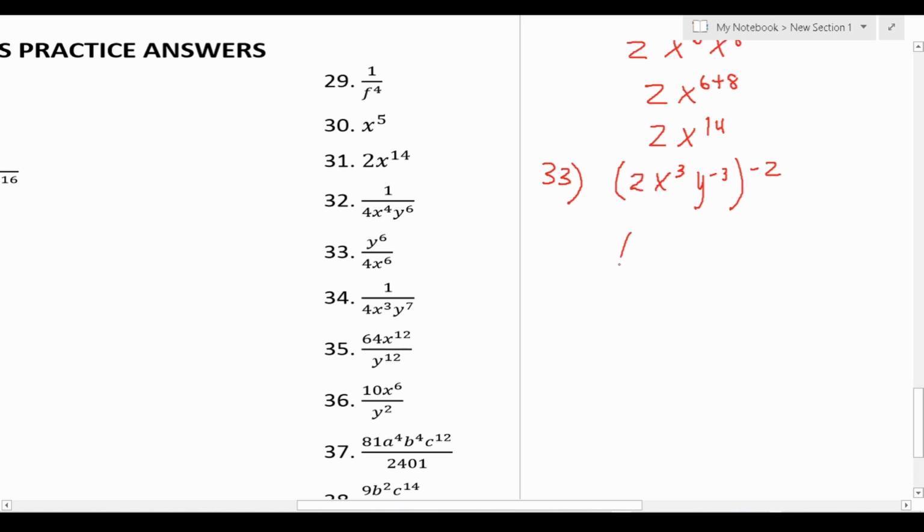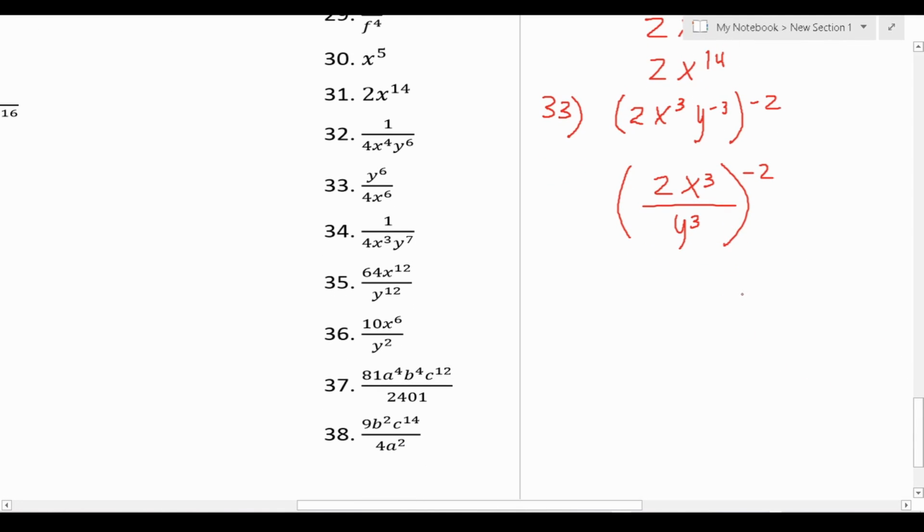But first, I'm going to rewrite this inside parentheses in order to make it easier to understand. So this is going to be 2x to the 3rd. And as I said, I'm going to get rid of this negative 3 by shifting it into the denominator and across the fraction bar, which is going to cause its negative exponent to become positive, and that's all to the negative 2nd power.